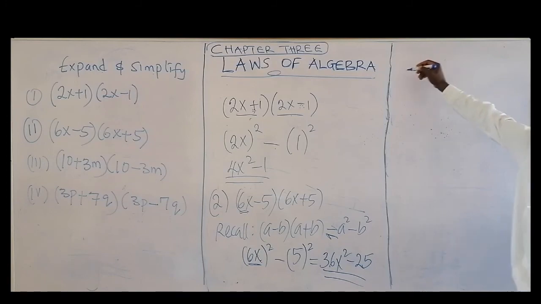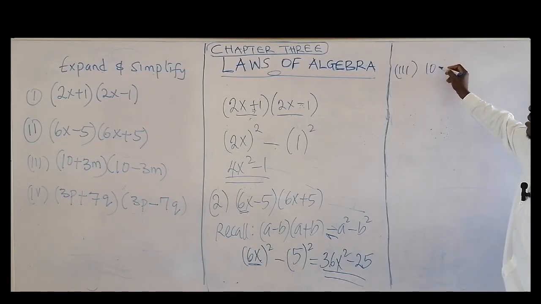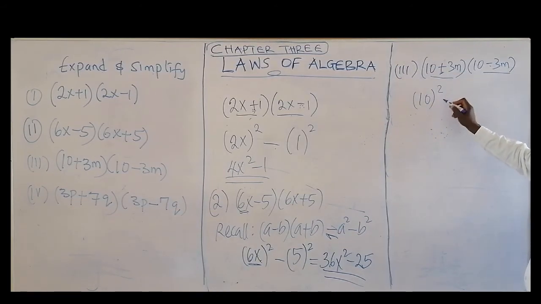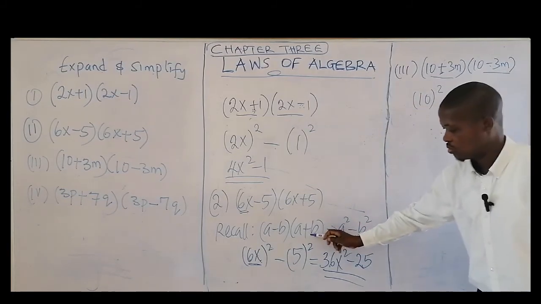The third one, we have 10 plus 3m times 10 minus 3m. The same expression, but alternating sign, plus, minus. So this will be 10 squared minus 3m squared, according to this law.